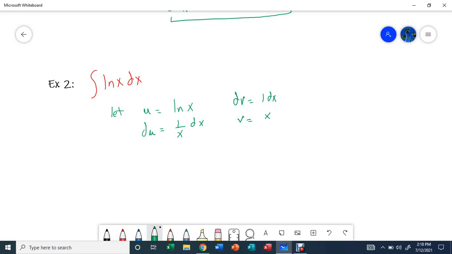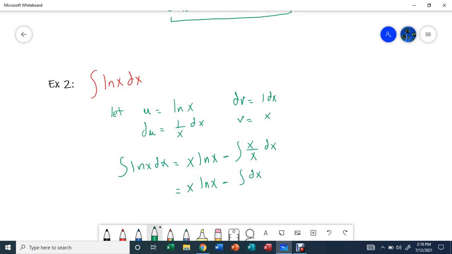Now same thing, so the integral ln of x dx equals, you multiply u by v, so that means x ln x, minus v du, which is just x times 1 over x, which is x over x dx. That leaves me with x ln of x minus the integral of dx.